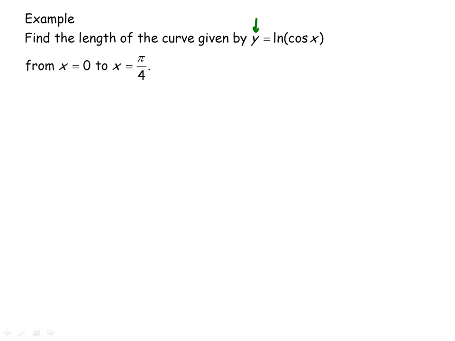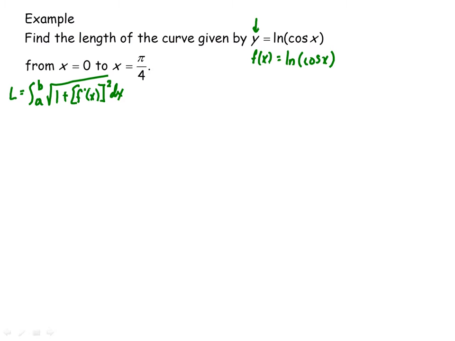Since it's already solved for y, we know that f of x is the natural log of cosine x. Okay? So, in knowing that, what does that tell me? Well, it tells me which formula I'm going to use on my formulas page.